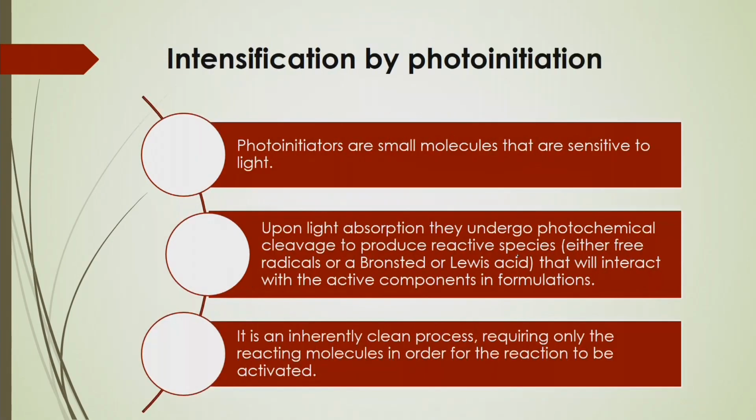So, sunlight assisted reactions are also one of the important figures in the intensification of the process in chemical industry. Another important mechanism is called photo initiation. In that case, small molecules that are sensitive to light, photo initiators, are used to make these molecules sensitive to light, and upon light absorption, they undergo photochemical cleavage to produce reactive species, either free radicals, or Bronsted or Lewis acids, that will interact with the active components in formulations.